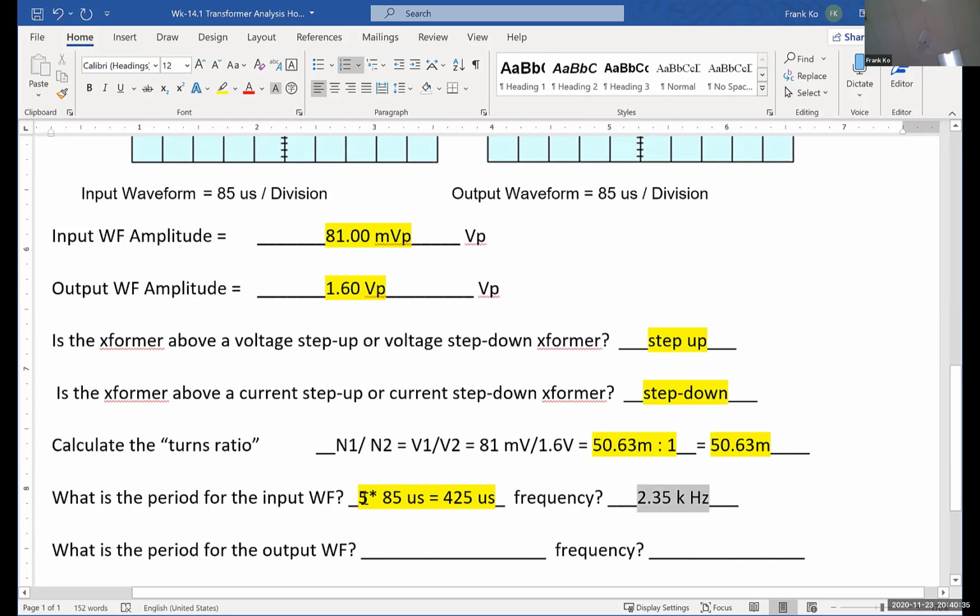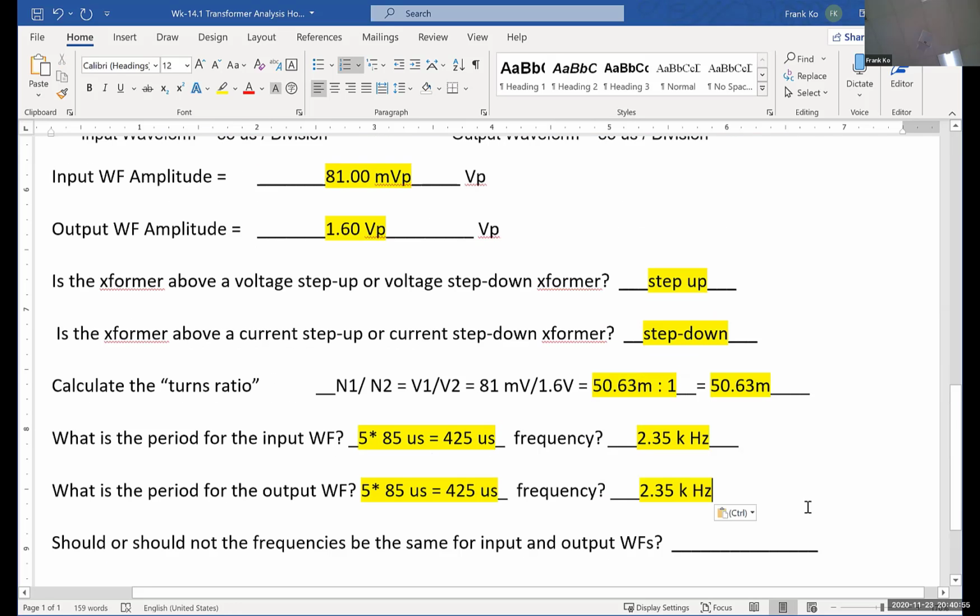And it turns out if you look at the second waveform for the output, that information repeats here, paste, to be the same. How do we get frequency again? It's the reciprocal of your period. Yeah, you reciprocate.